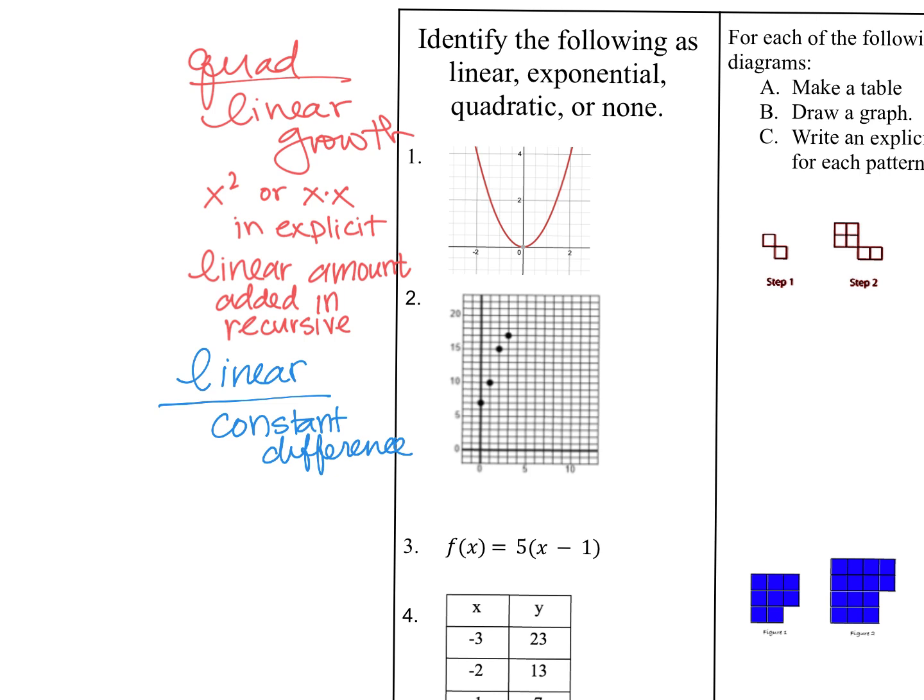It has no exponents whatsoever in the explicit. And the recursive just adds the same number. So it adds whatever that common difference is after the f of x equals f of x minus 1, and it makes a line in the graph.